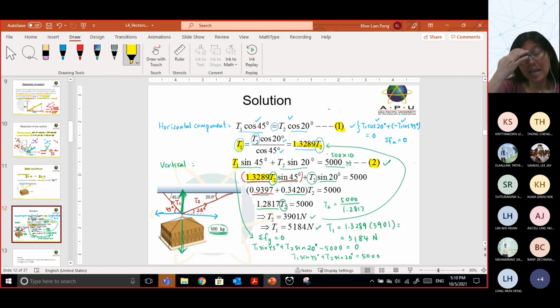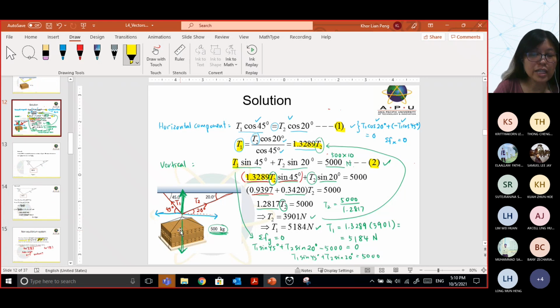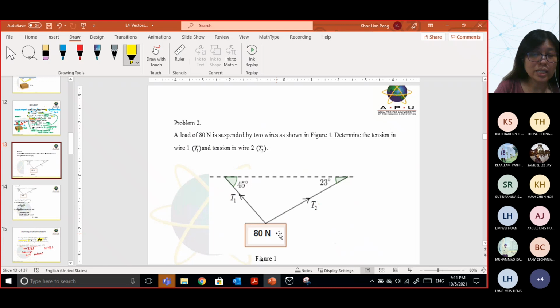Then we solve for T1 and T2. Note that if an object is given in kg, not yet including gravity, you have to include the gravity. But here it already gives you a load of 80 newtons, so it already includes gravity and you don't need to include it anymore.